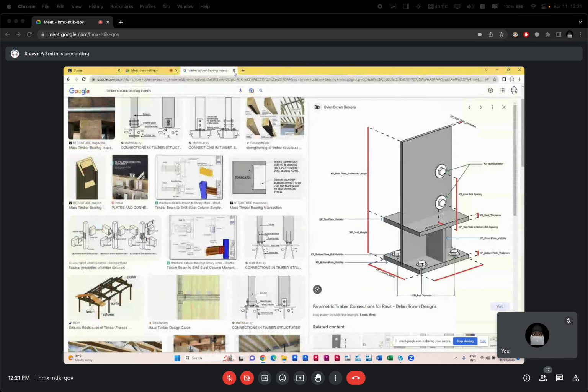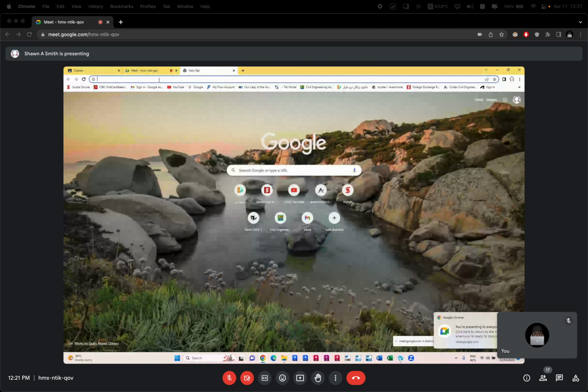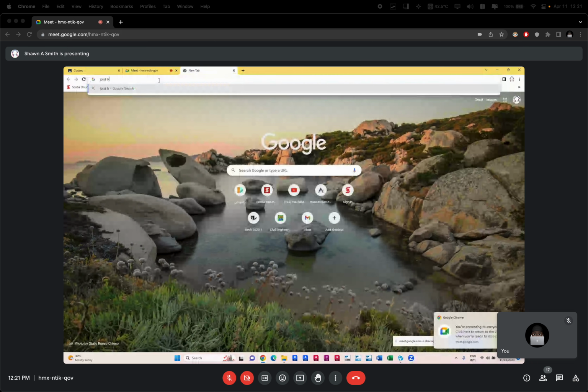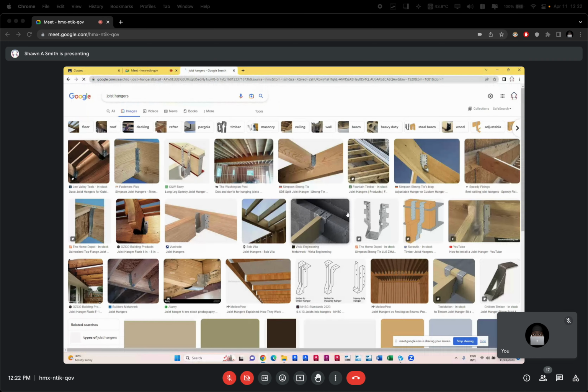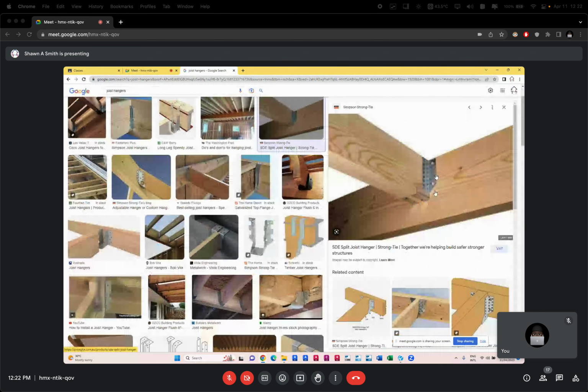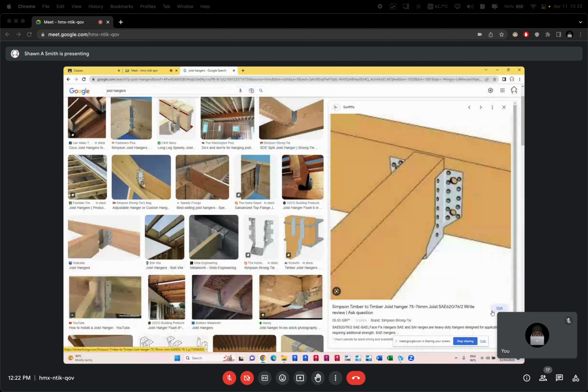And let me show you what joist hangers are while we speak. Joist hangers. These things. You see all these things? We do not just stock them. Yeah, see them there?